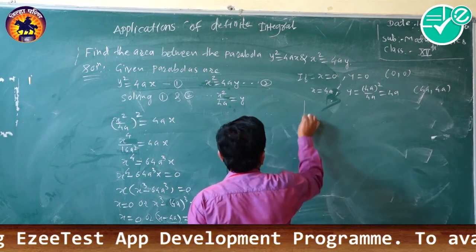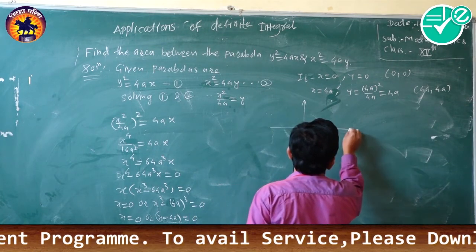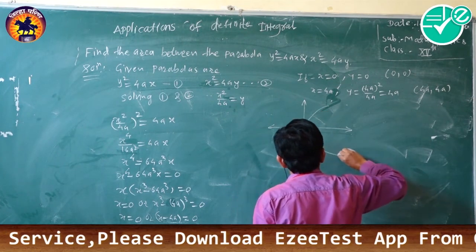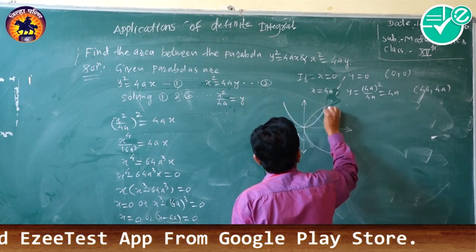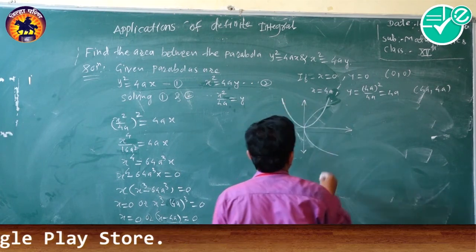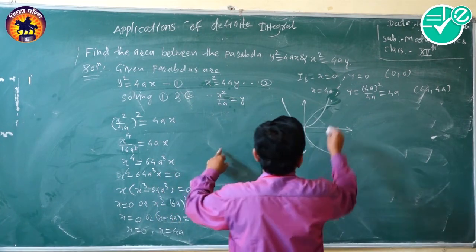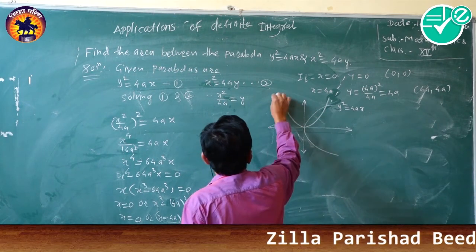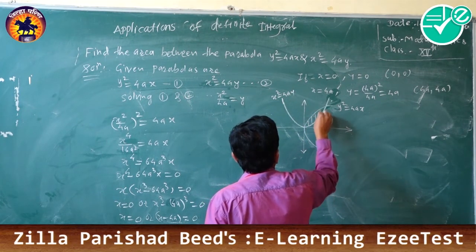Therefore we can plot this. y square is equals to 4ax, and this is nothing but x square is equals to 4ay, and we have to find the area of this region.